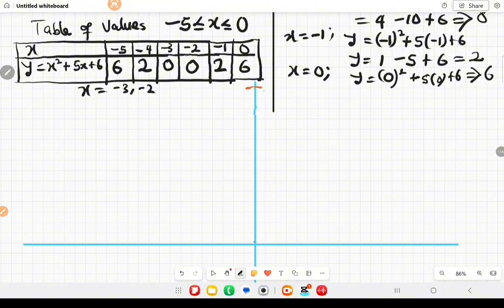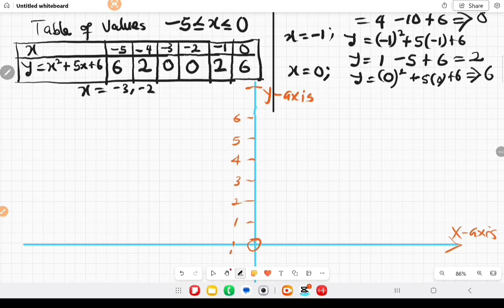We call this the y-axis, and we call this the x-axis. Now this is the midpoint, which is 0. Every 2 boxes, we take it to be 1 unit. We have 1, 2, 3, 4, 5, and 6.